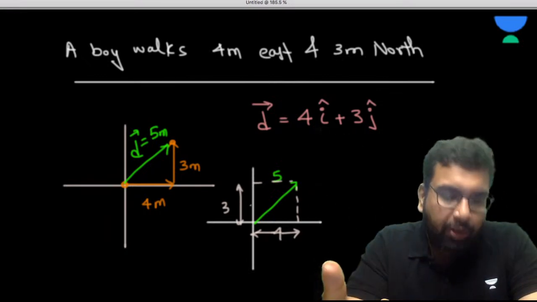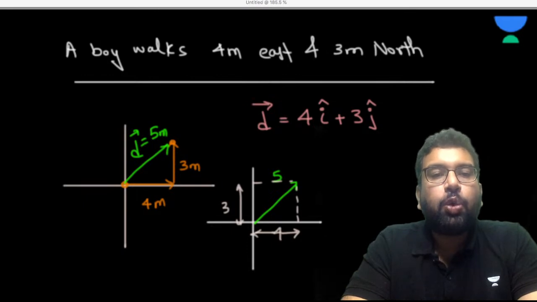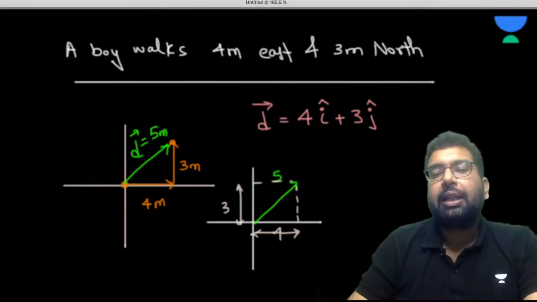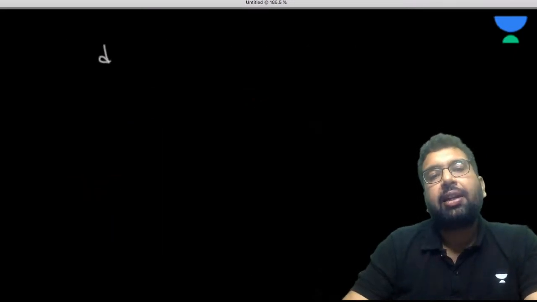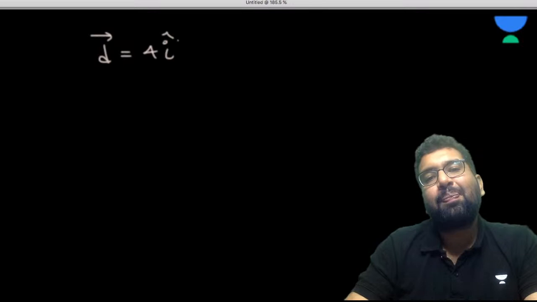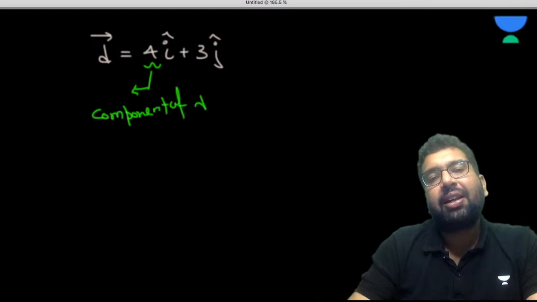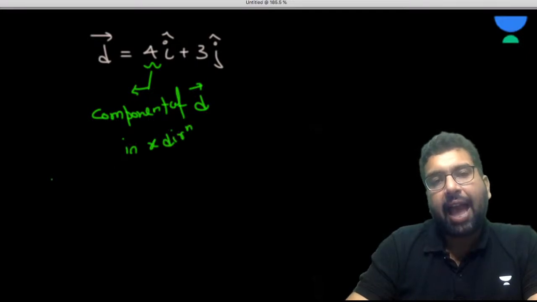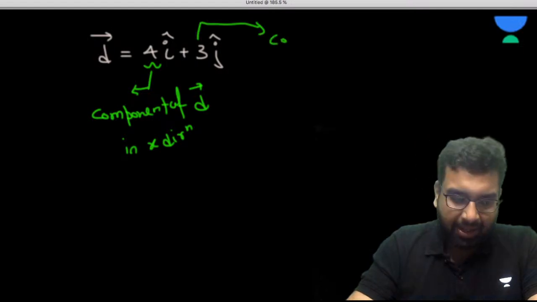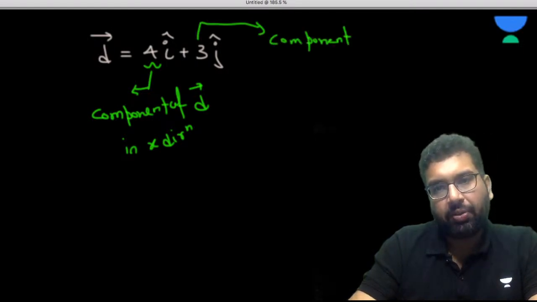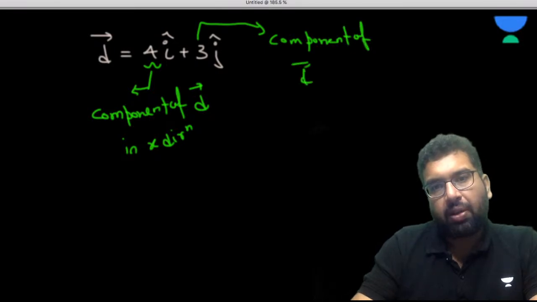And if you now refer to what we have learned in resolution, do you agree that when I write d vector is equal to 4 i cap plus 3 j cap, this 4 i cap is nothing but the component of d vector in x direction, isn't it? And this 3 j cap is the component of d vector in y direction. Do you believe it or not?